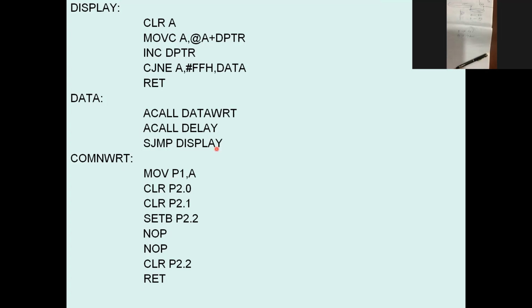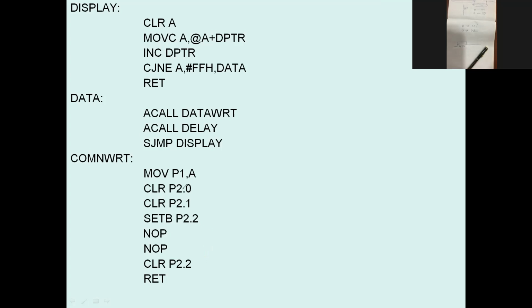We give the enable signal of 450 nanoseconds, as P2.2 is connected with enable. First high, then 2 NOPs, then low. This width will be 450 nanoseconds. Is it clear? Yes, sir.